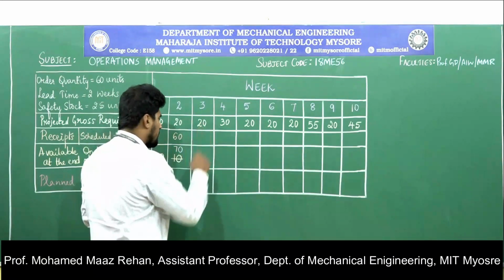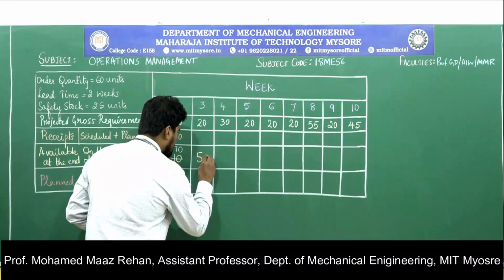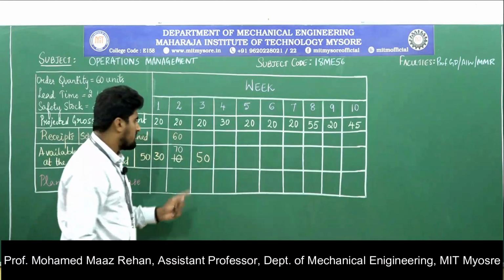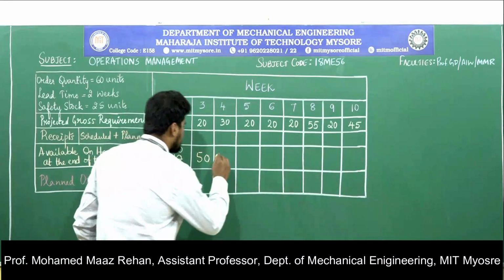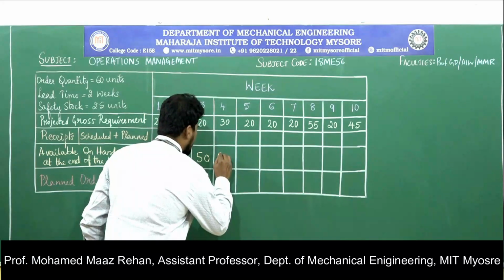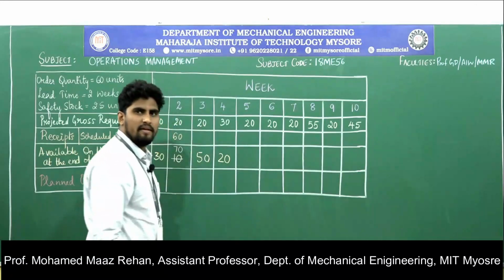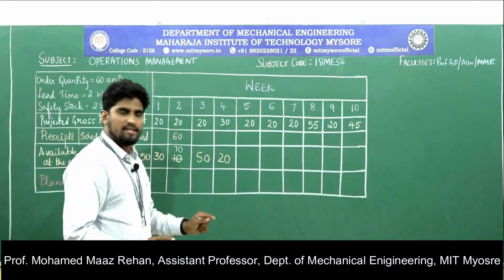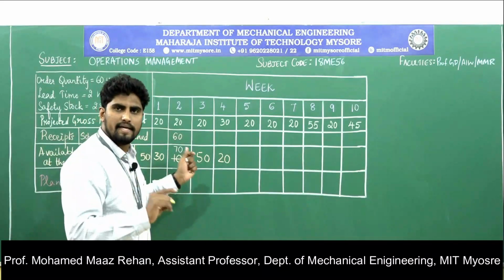So 70 minus 20 gives 50 units. Moving further, 50 minus 30 is 20. Now you have to make sure that your safety stock is 25 units at any cost.